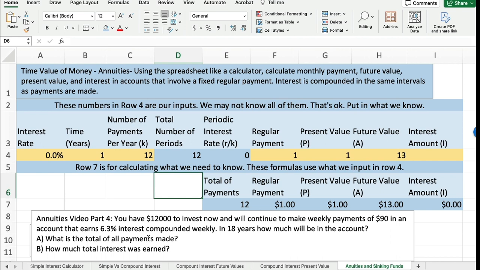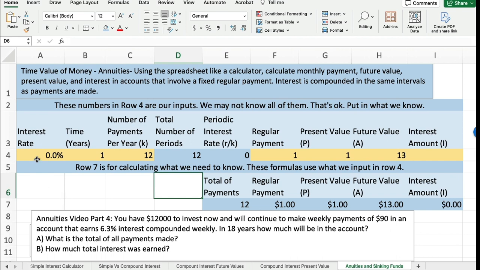Obviously that's going to be compounded weekly. In 18 years, how much will be in the account? So it's asking, if we kept it going for 18 years and continue to pay weekly payments of $90, what would it be worth?